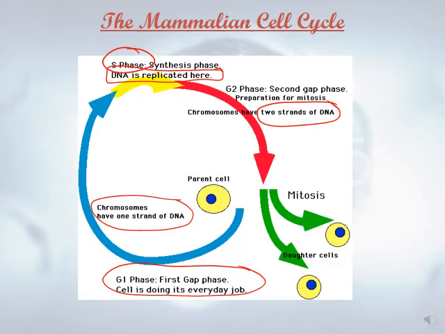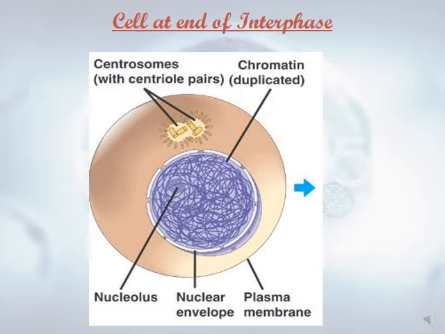So this means we have duplication of DNA in the S phase. Then we move to mitosis: prophase, metaphase, anaphase, and telophase, which includes the cytokinesis, where we have two daughter cells, and these daughter cells are identical to the parent cell, the mother cell.